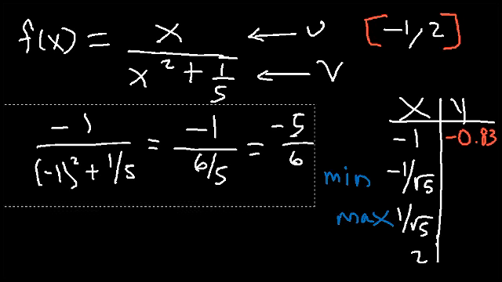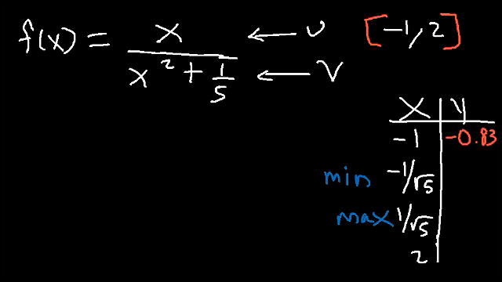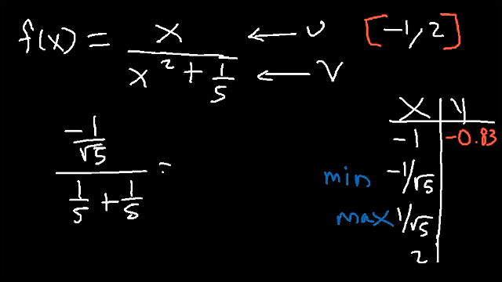So now let's plug in the next value, negative 1 over root 5. After you square negative 1 over root 5, it's going to be 1 over 5. So what we have is negative 1 over root 5 divided by 2 over 5, which at this point might be wise to just type in a calculator.